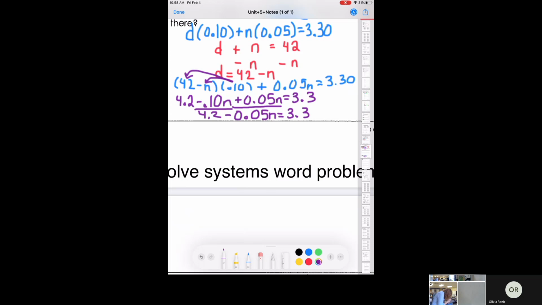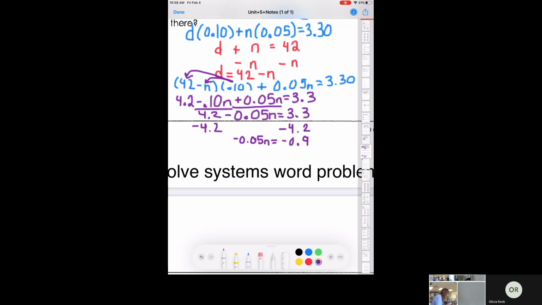Ooh, that decimal didn't come through. Now I get the part with the N by itself. To do that, I subtract 4.2 from both sides. I get negative 0.05 N equals 3.3 minus 4.2, which is negative 0.9.